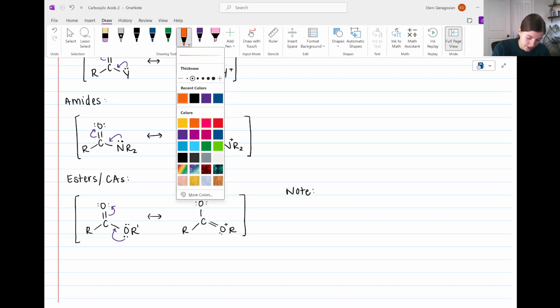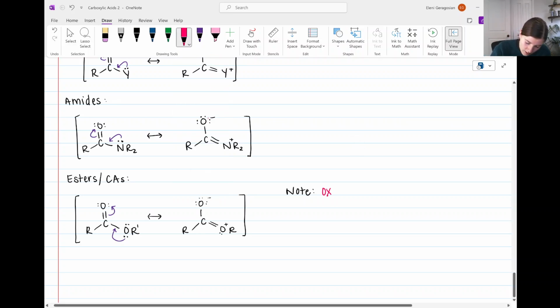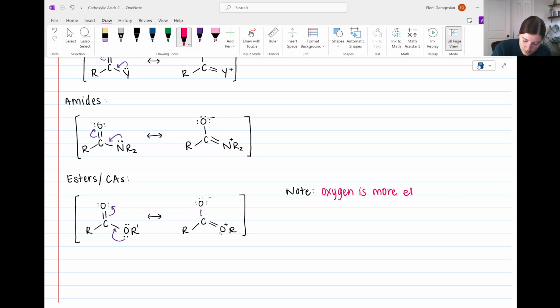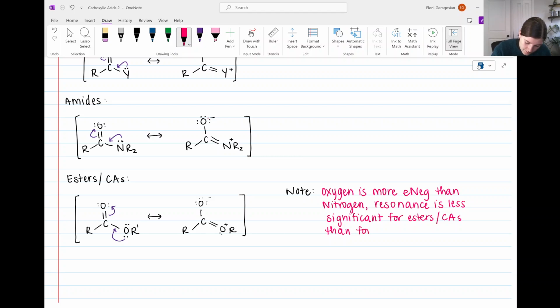So let's write that note here. Oxygen is more electronegative than nitrogen. So resonance is less significant for esters / carboxylic acids than for amides.